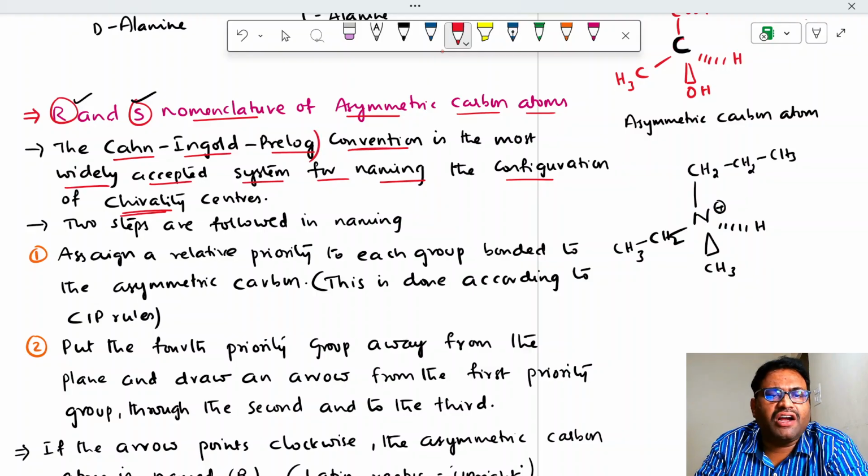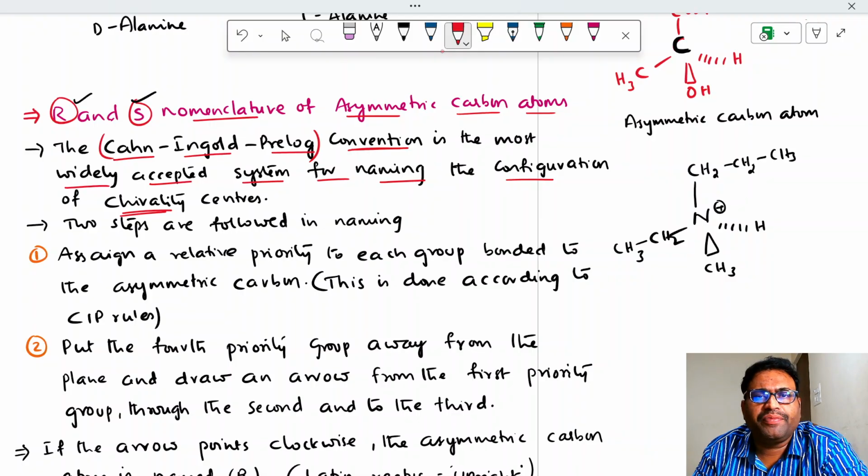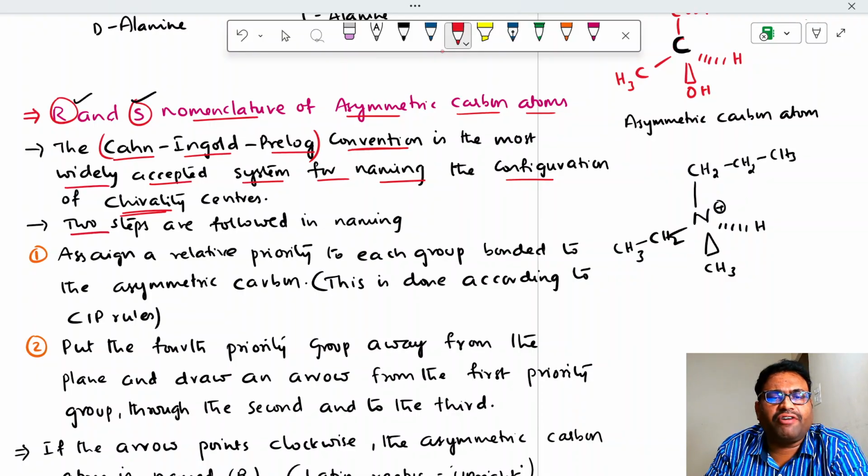Cahn, Ingold and Prelog. These three scientists combinedly gave some rules to decide the priority. Based on those rules and those priorities, we name R and S. Okay, so two steps are followed in naming.